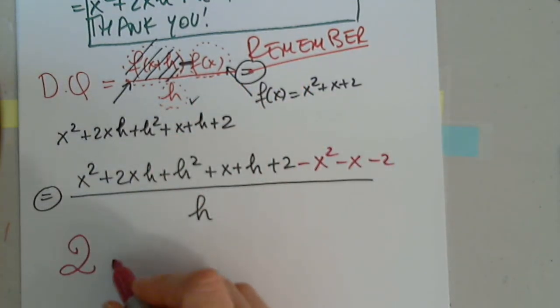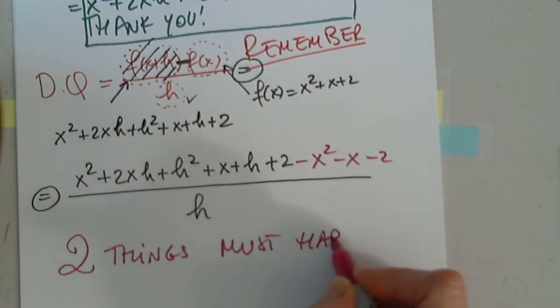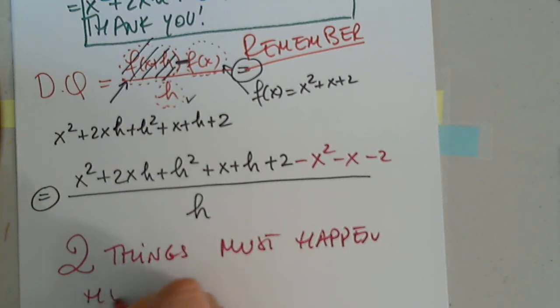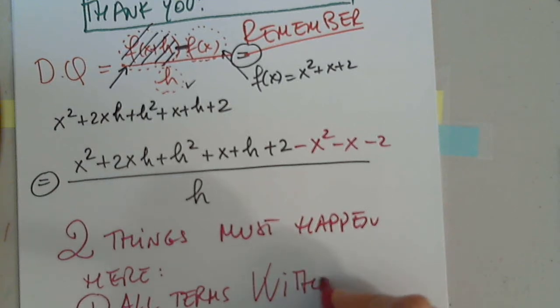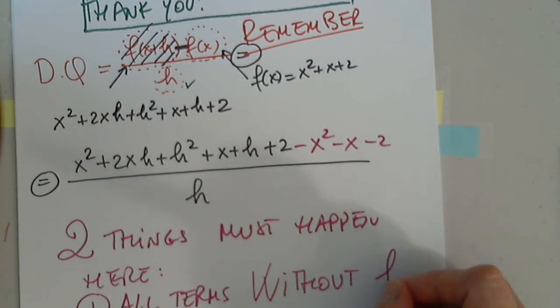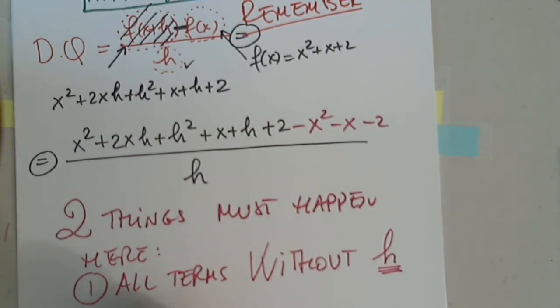Okay, now, before we continue, two things must happen here. Number one, all terms without h must simplify in the numerator.